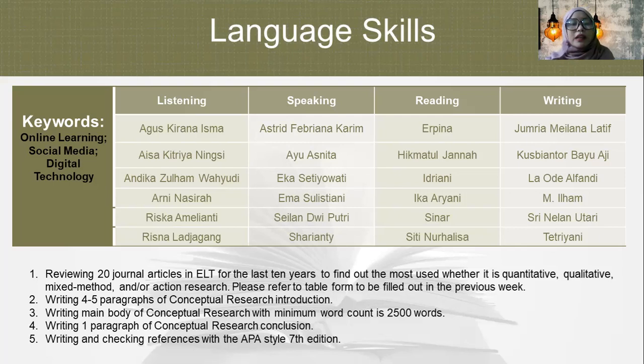You're going to write about 4 to 5 paragraphs of introduction, and then you come up with the conceptual research topics, with a minimum word count of 2,500 words, and then one paragraph of research conclusions. And don't forget, in writing the references, you have to follow APA style for citing and referencing.